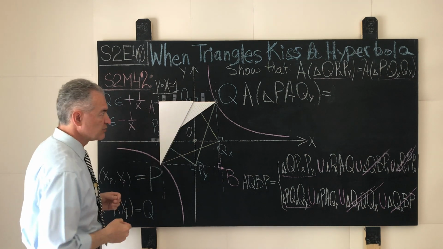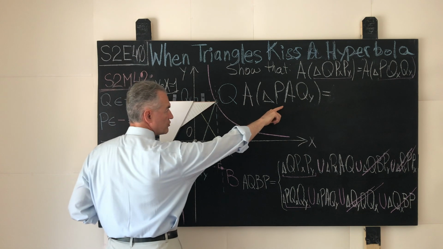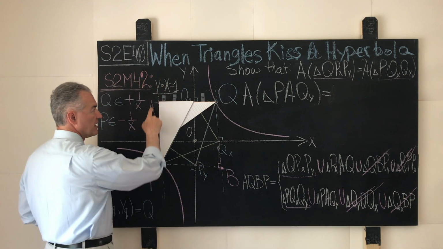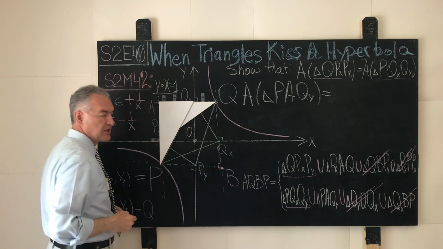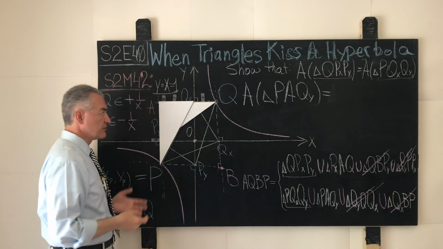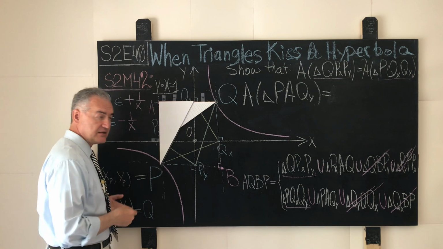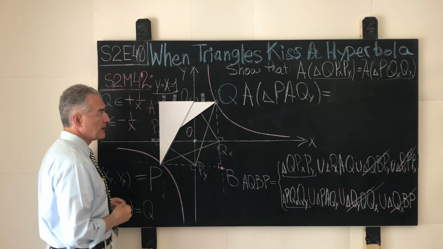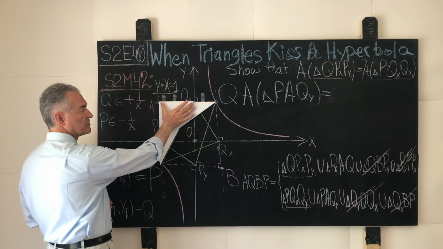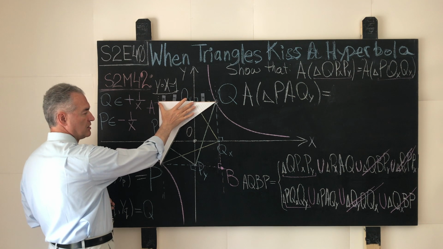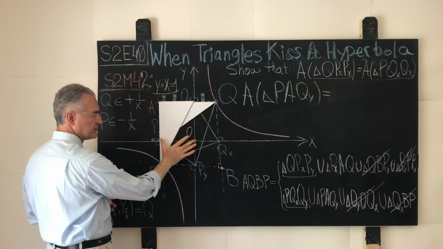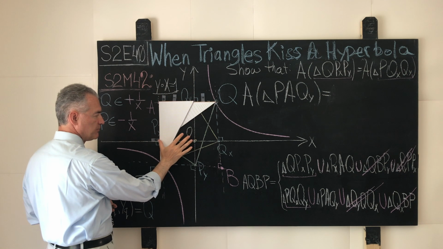I already prepared the expression for the area of the triangle PAQY. And what is the area of the triangle? The area of the triangle is a half product of the length of its base and the length of its height. The length of its base in this case is the length of the line segment QYA, which again is the length of the line segment OPX.